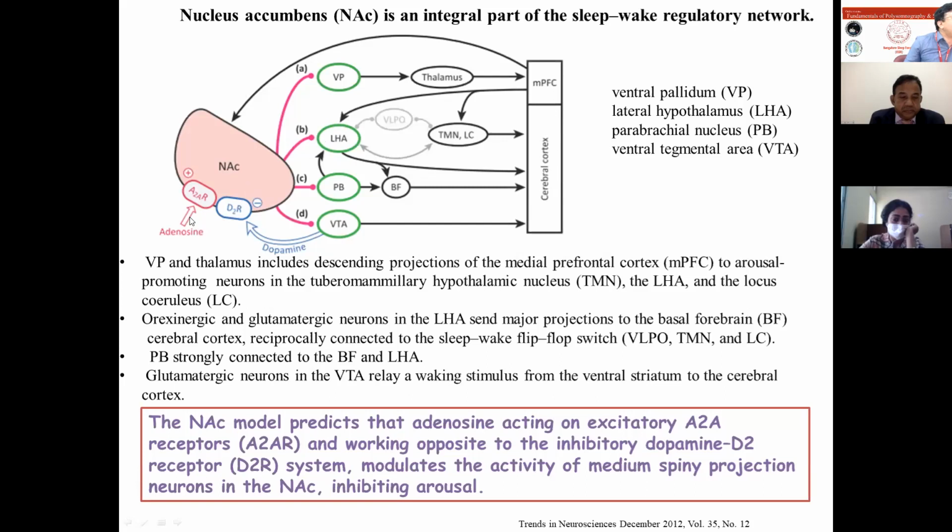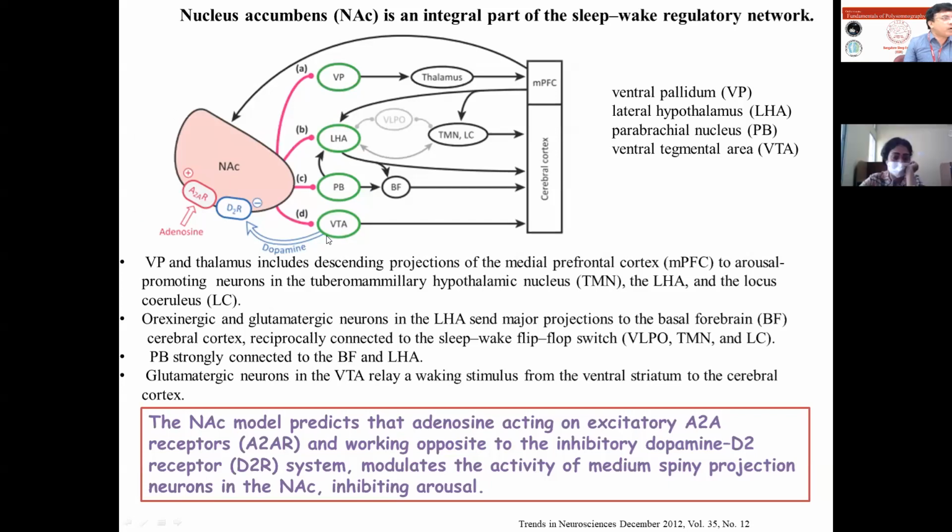So the activity of adenosine on the nucleus accumbens, by exciting through the A2 receptor, in turn inhibits all these wake-promoting neuronal groups.